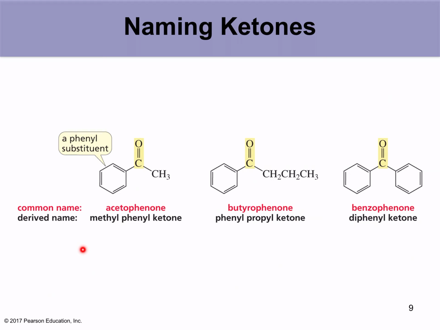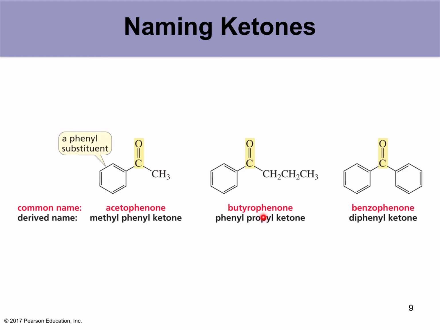And then some more ketones that we can learn how to name. Here you have a phenyl substituent on the carbonyl group. The common name is acetophenone, and the derived name is methyl phenyl ketone.